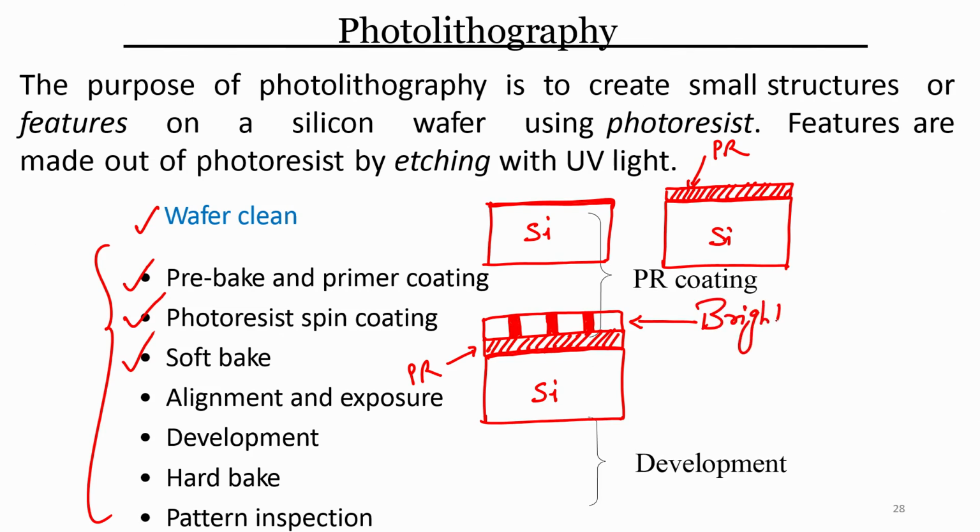I will show it to you once again what is bright field and what is dark field mask. Where the field is bright and the pattern is dark is called bright field mask. If the pattern is lighter or transparent and other areas are dark, then it is called dark field mask. For example, this is my dark field mask, the one that I am drawing right now.